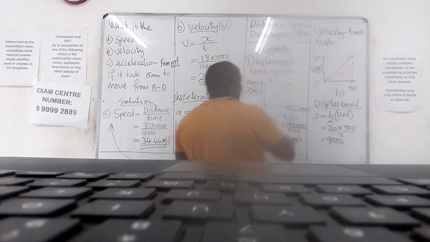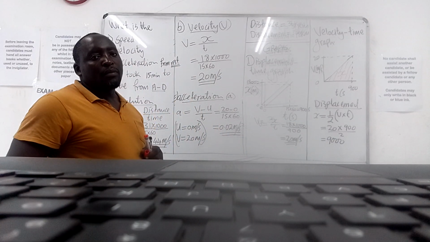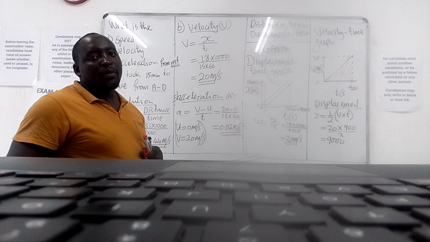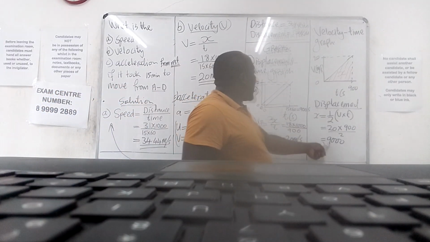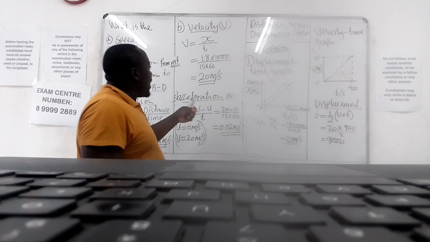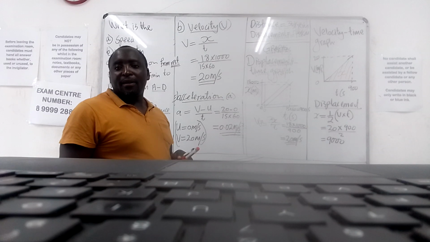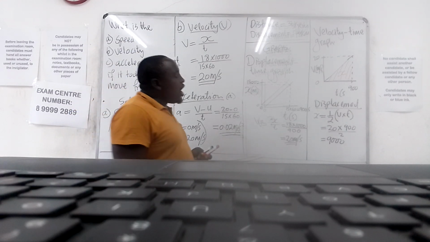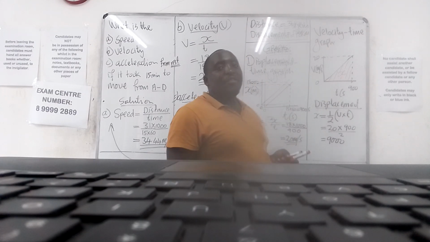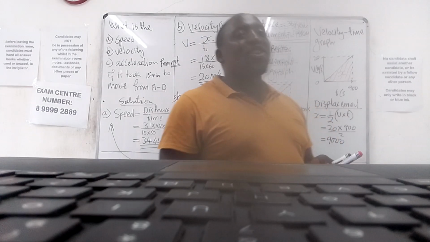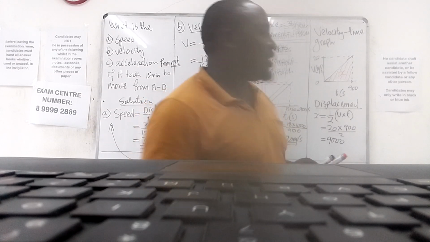Does it match with this? Say again? Does this answer match with this answer, with the displacement? So, it means that according to this one here, the velocity is considered constant, not uniformly increasing.